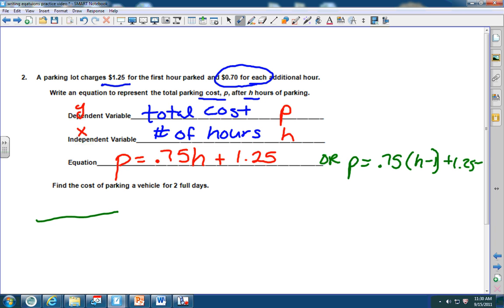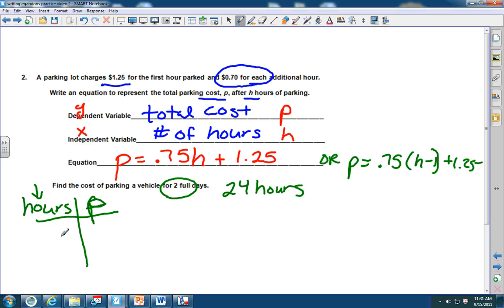Or I'll put P, I guess, parking cost. Now, it says for 2 full days. The problem is it talks about the number of hours. So we know that 2 full days is 24 hours. The only thing is you can't find it for 24.